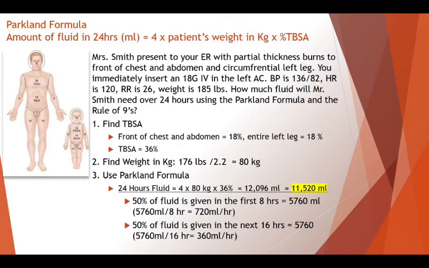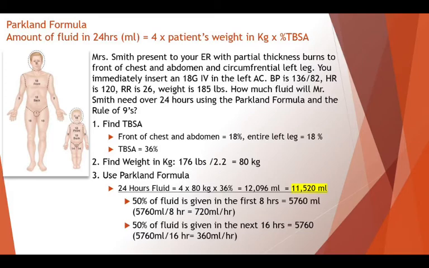So we know that the chest and the abdomen is 18, and the circumferential left leg is 18, making it 36% of the body. Partial thickness burns greater than 25% are major burns.